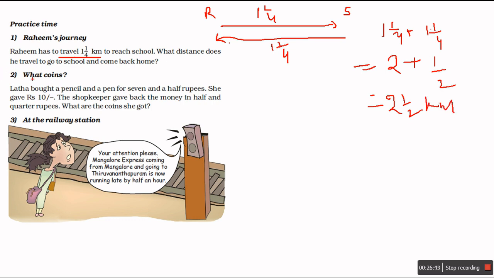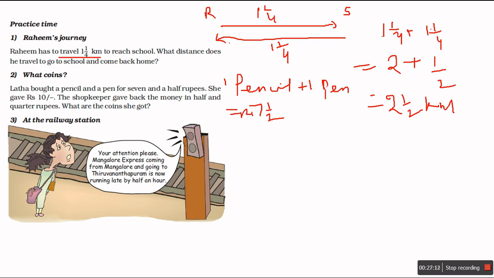Next question. Lata bought a pencil and a pen for 7.5 rupees. One pencil plus one pen is rupees 7.5.